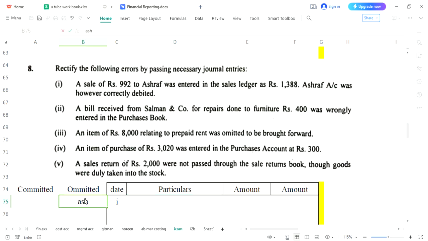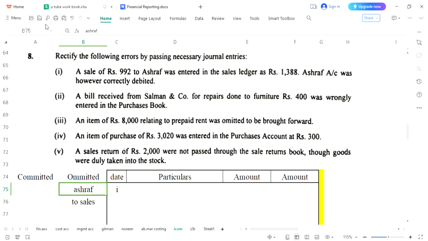The entry for sales to Ashraf is Ashraf to sales. Please be very attentive. Goods were sold to Ashraf. So Ashraf to sales was the actual entry, and the amount required to be written is 992. So in rough work, we are going to write 992.